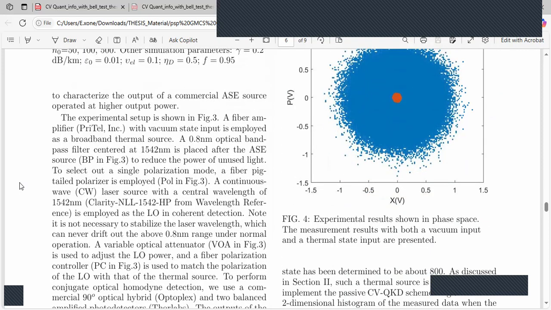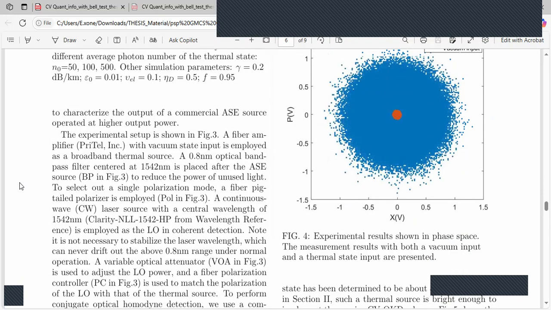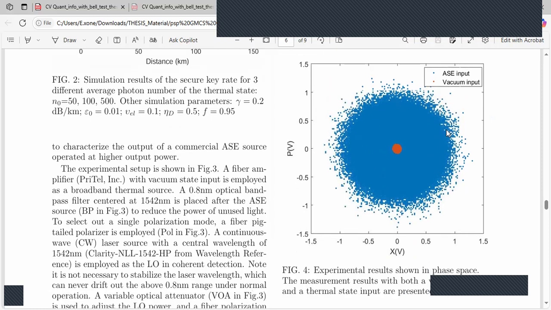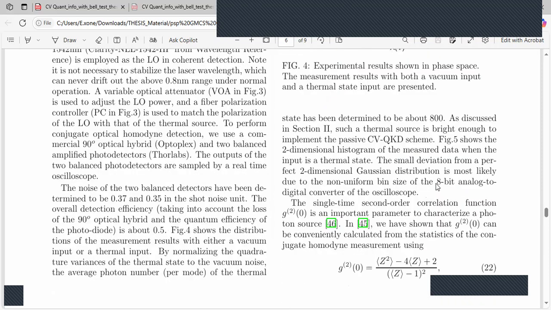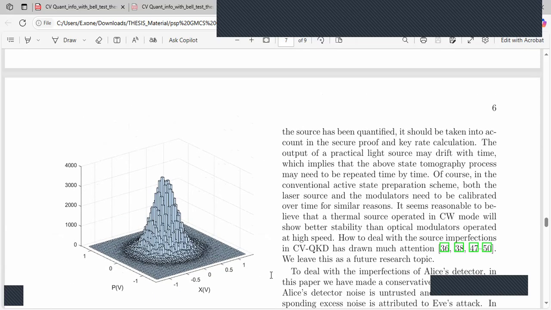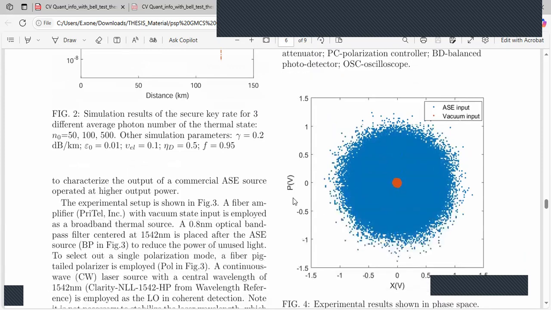After that, the author is mentioning how we can check the quality of the source by doing some quantum tomography, and he is using the second order correlation function to do that, plotting the variance of x and p.